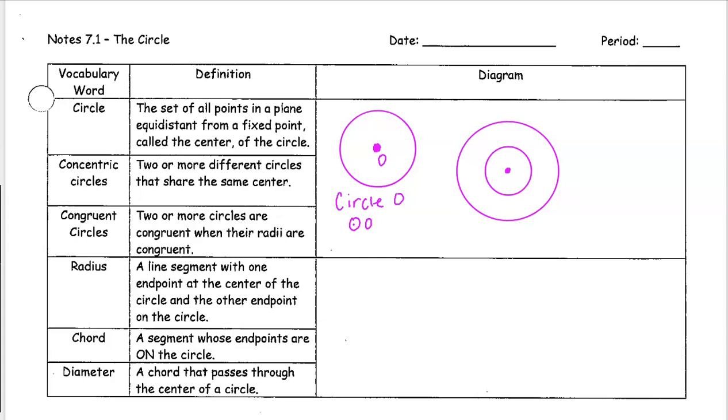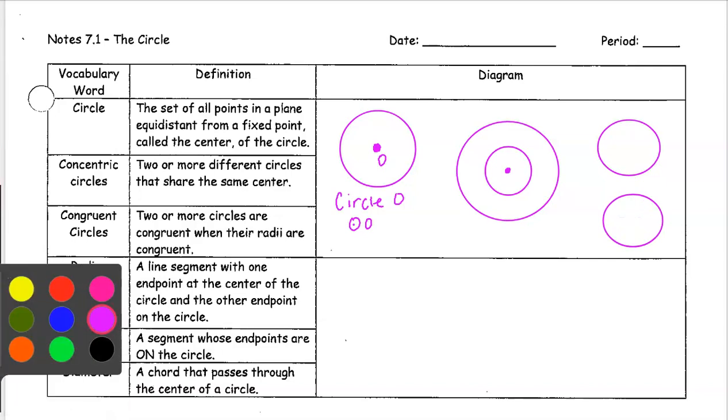And then we also have congruent circles, which are circles that are the same size. So they would have congruent radii. Let's see how good I can get these two circles. Close, right?